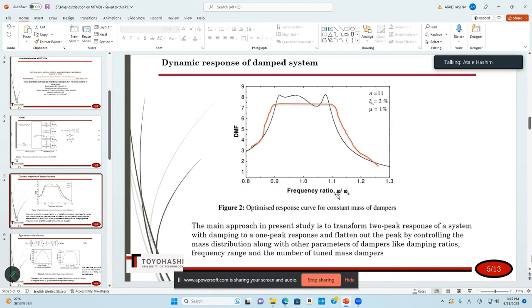Omega is the frequency of the harmonic excitation, and omega is the angular frequency of the main system. The main approach of the study is to transform the peak regions to a very smooth, flattened area and decrease the dynamic magnification.